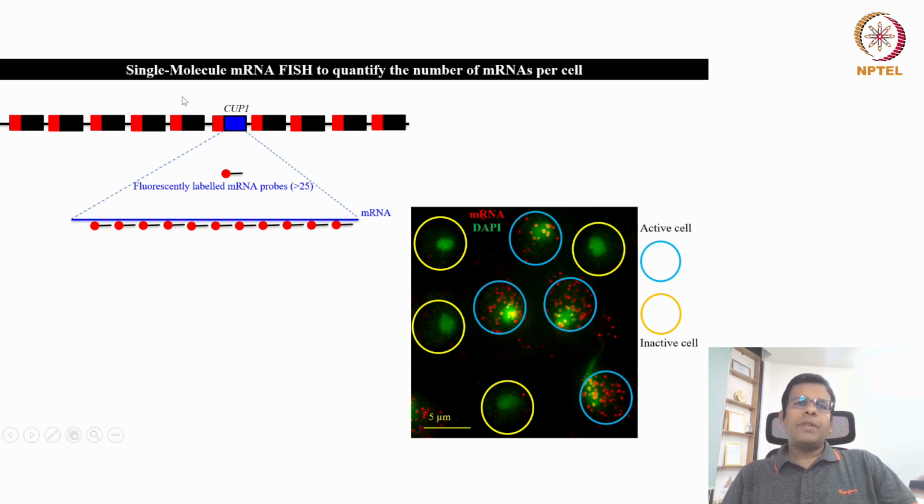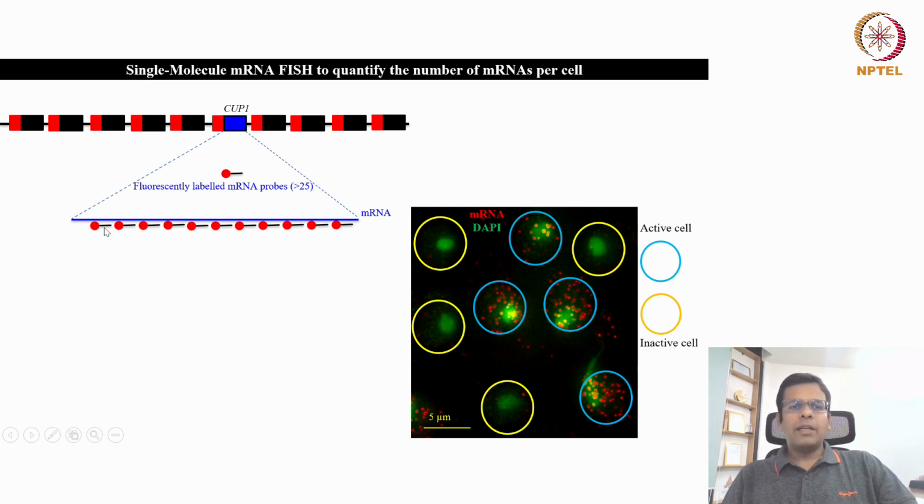In one of my previous lectures, we discussed a technique known as single molecule mRNA FISH to quantify the number of mRNAs per cell. This technique is generally used to quantify transcription, or the gene expression level. How it works: let's say you want to quantify the transcription of this COOP1 gene.